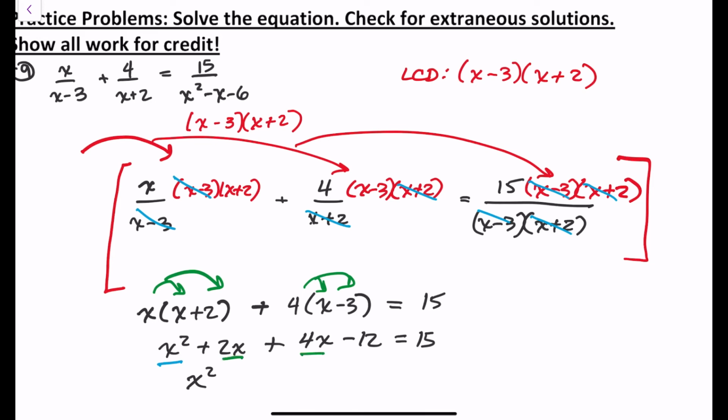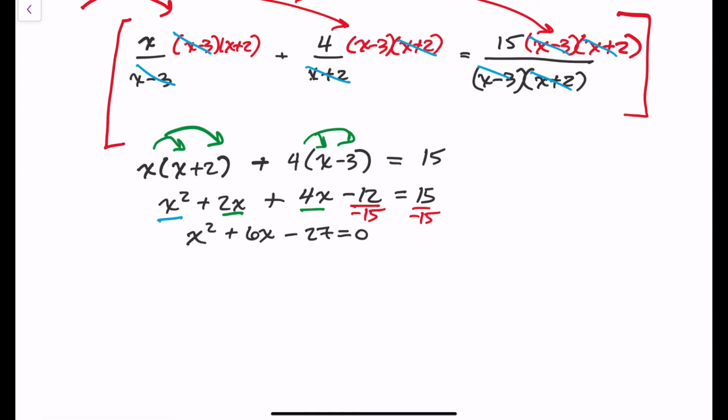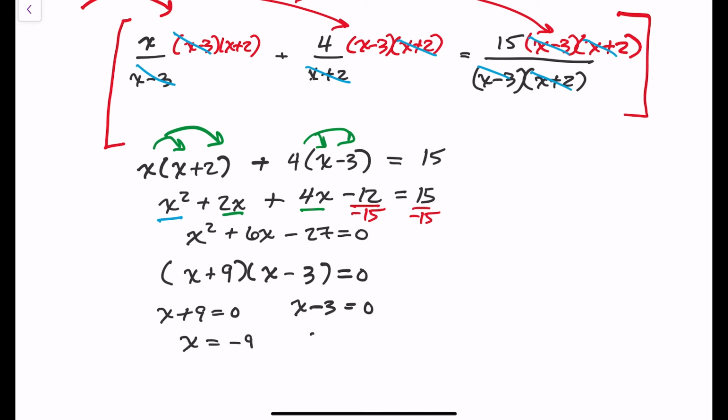So I get 6x, and then I'm going to subtract 15 over to the left side of the equal sign, and I get minus 27 equals 0, and now I can factor. So 9 and 3 will give me a difference of 6. So x plus 9 equals 0, so I get x equals negative 9, and I get x equals 3.